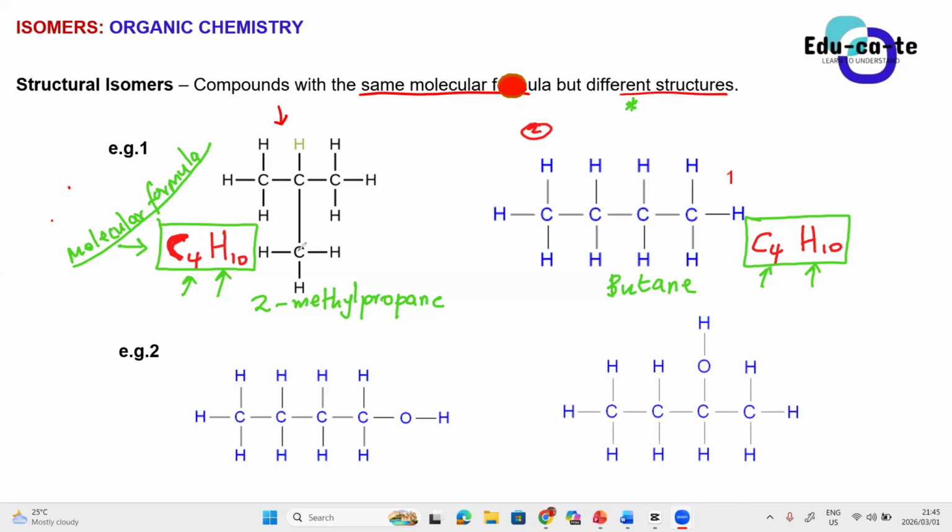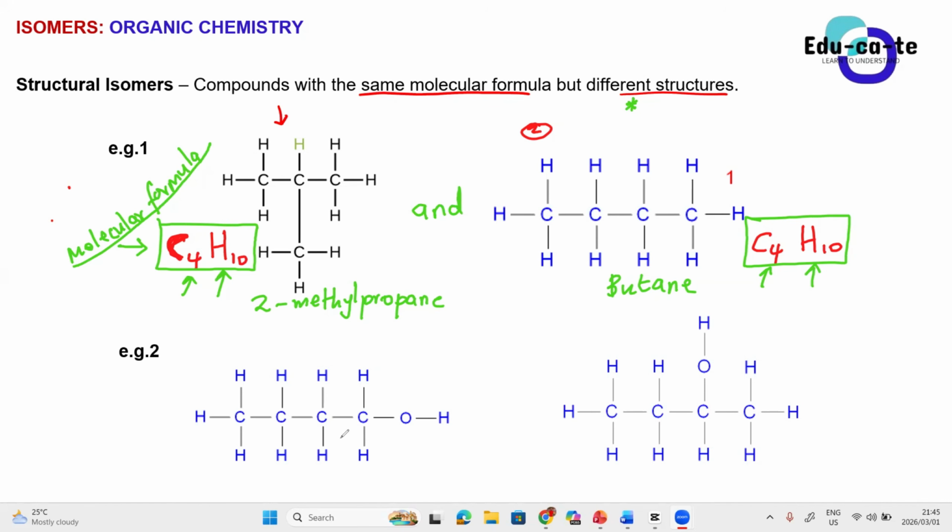So do you see that we can say that 2-methyl propane and butane are isomers of each other? Yes, we can now say that, because they have the same number of carbons, same number of hydrogens, same number of any other element, but they are different structures and also have different physical properties. They don't work the same way.